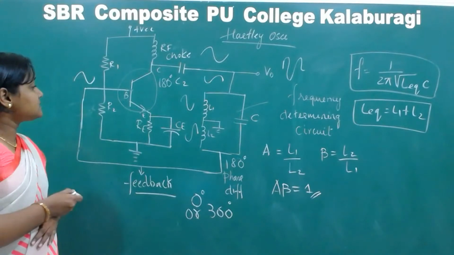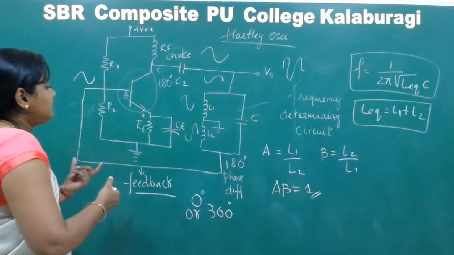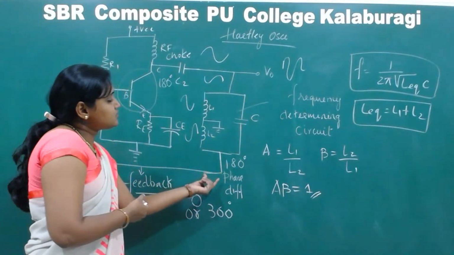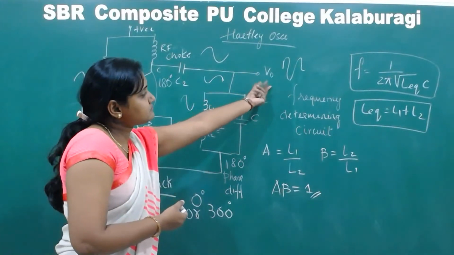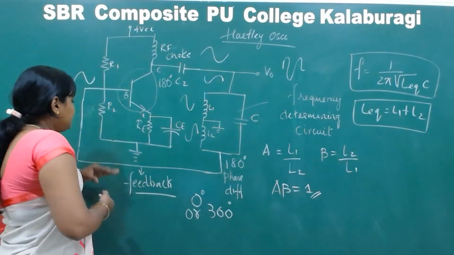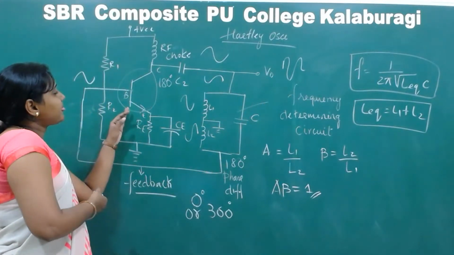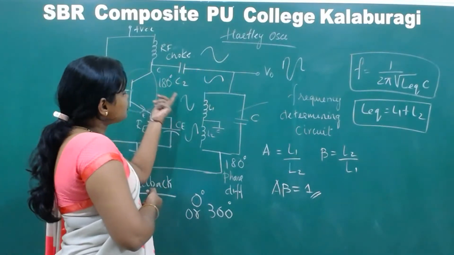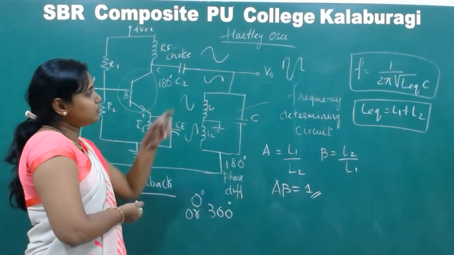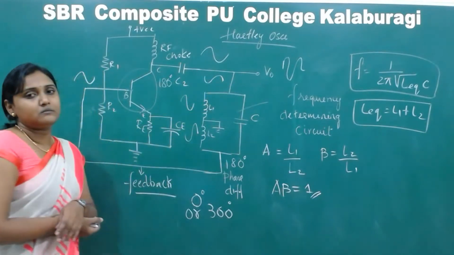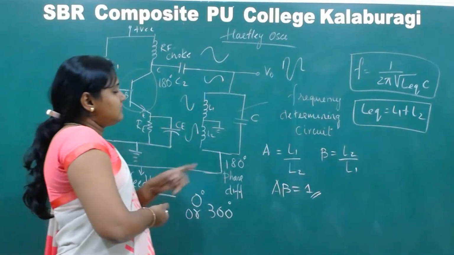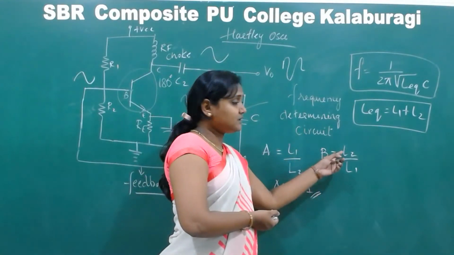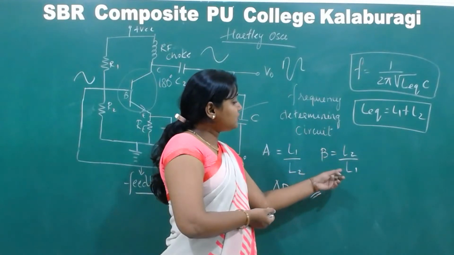Right? So this is about the working, where I am going to repeat the working again. Continuous charging and discharging process is going to create the signal, where the signal with positive feedback is applied to the base terminal. It is going to produce the amplified version of that as an output. The gain is given by L1 by L2, beta, that means the feedback factor, is given by L2 by L1.